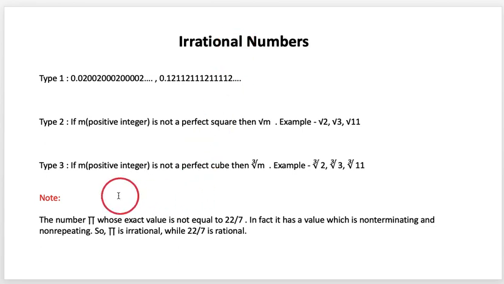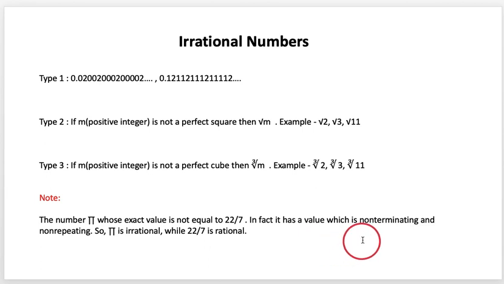Now, one special note is here. We all know the number pi, whose exact value is not equal to 22/7. If you don't know, then please make a note that pi's exact value is not equal to 22/7. In fact, it has a value which is non-terminating and non-repeating.